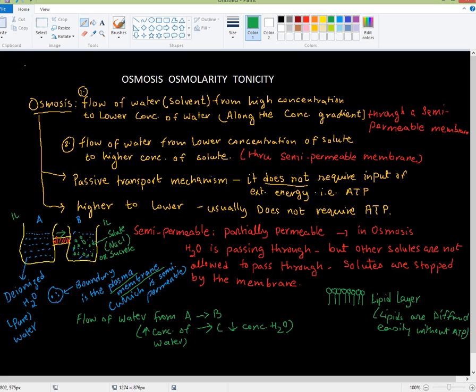But water is polar, so how does it go through? Water can pass through.